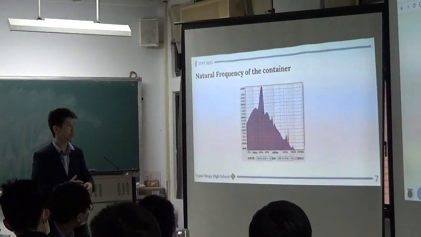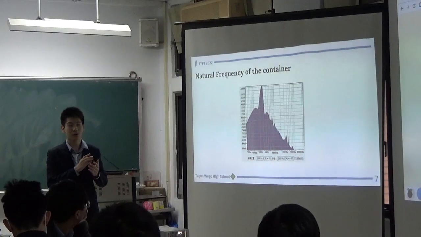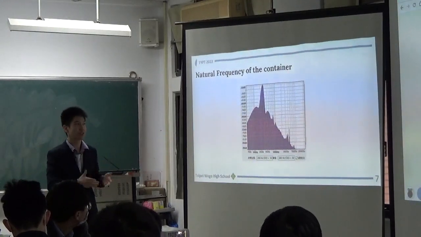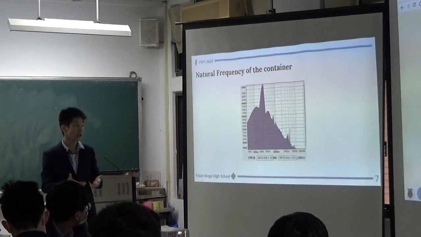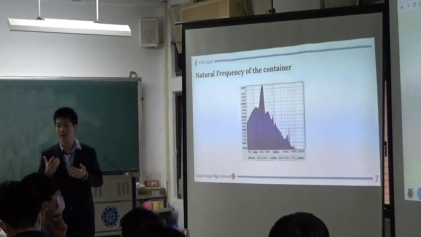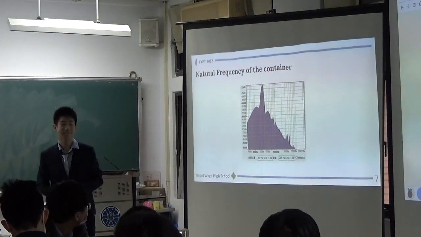So as you can see, here's our result. So we use a frequency generator to create a spectrum of different frequency of the sound, and you see at what certain point does the sound be amplified because of the resonance of the cup. So as you can see, it's about 265.